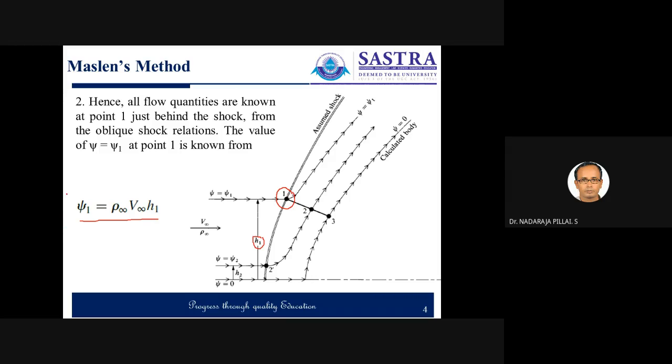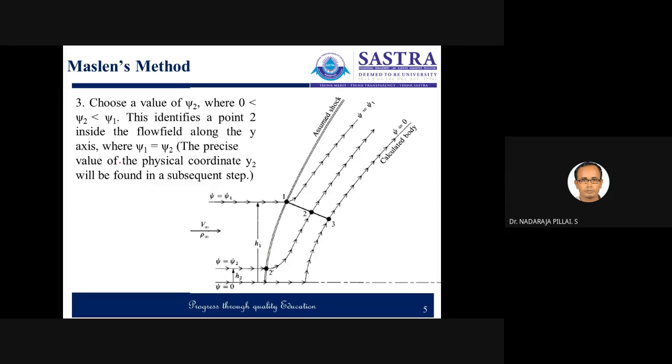Then this is step number 2, right? Then consider any streamline, or any stream function, that is psi 2, right? Psi equal to psi 2 is here, and this streamline has psi equal to psi 2, where 0 is less than psi 2 and less than psi 1, right?